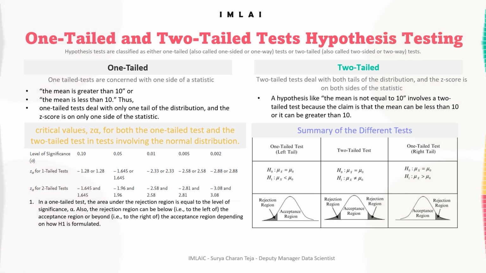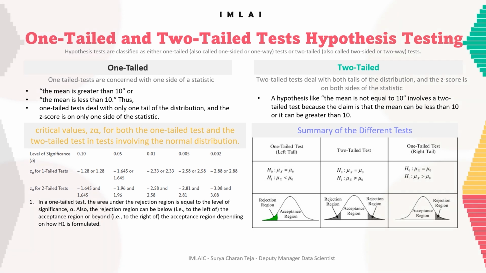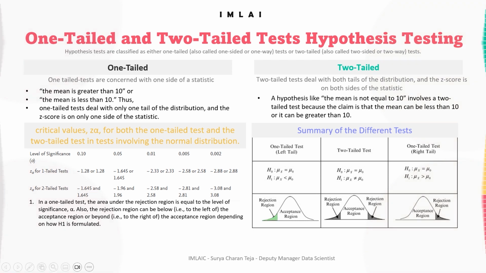Also, the rejection region can be below, that's to the left of the acceptance region, or beyond, that's to the right of the acceptance region, depending on how the alternate hypothesis is formulated. When the rejection region is below the acceptance region, we say that it is a left-tailed test.